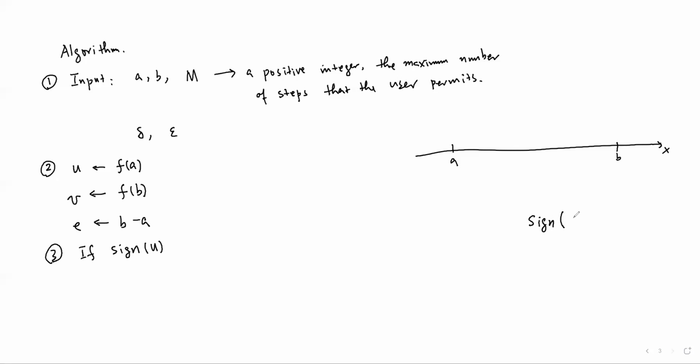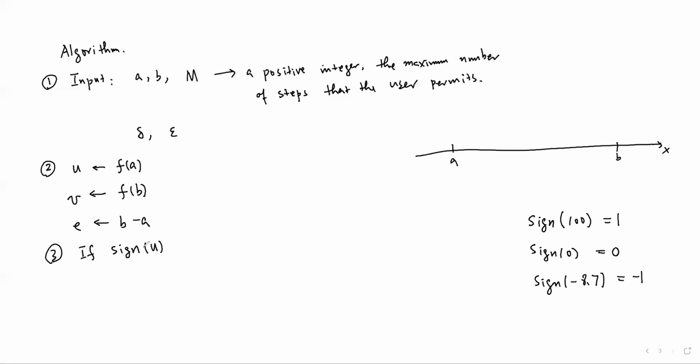Say, sign of 100 is 1, sign of 0 is 0, sign of negative 8.7 is negative 1.